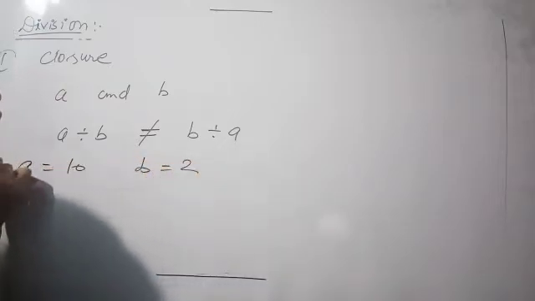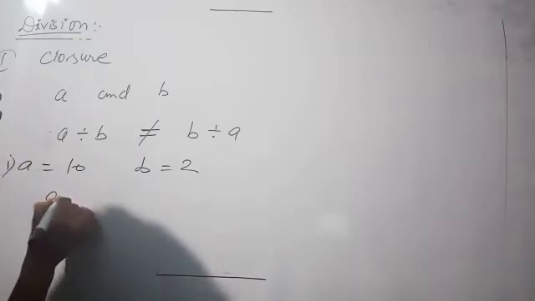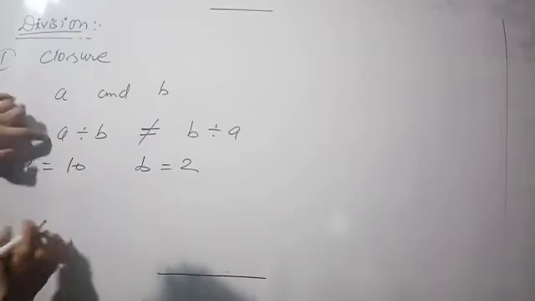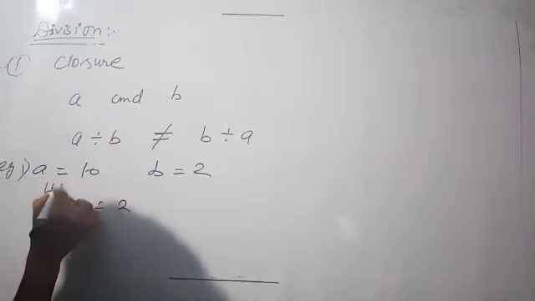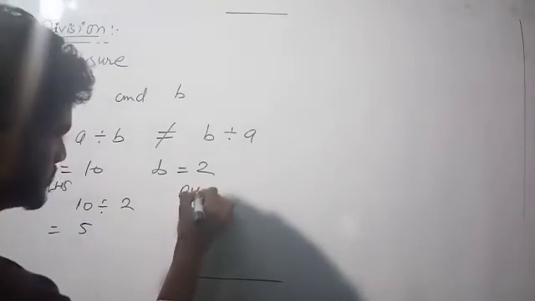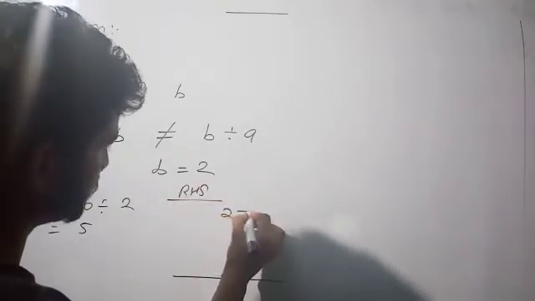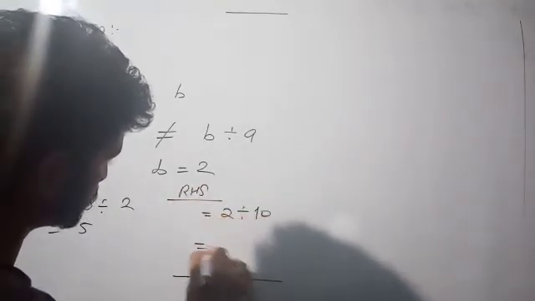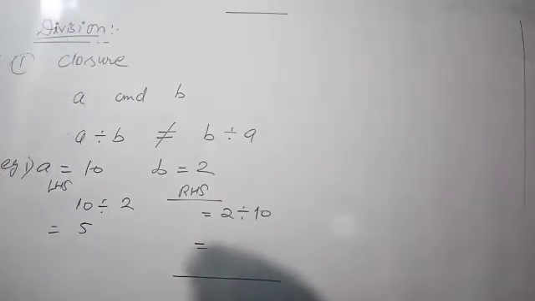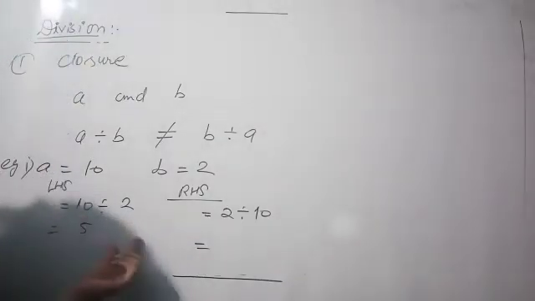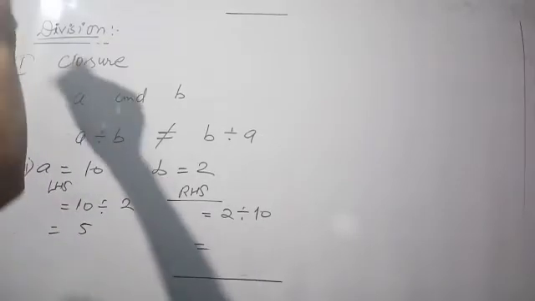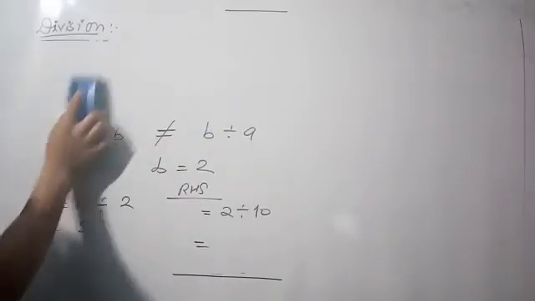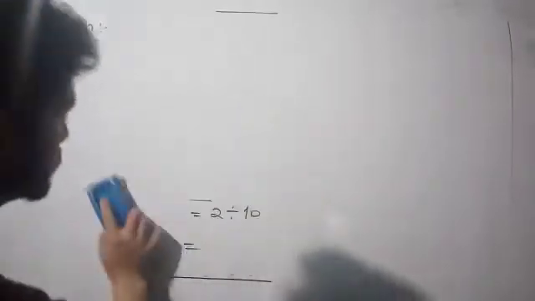A divided by b means 10 divided by 2, so our answer, LHS, is 5. For RHS, we have 2 divided by 10. So 2 divided by 10 is not a whole number, so our answer is wrong. LHS does not equal RHS. So closure property in division is not followed, or even changes the result.